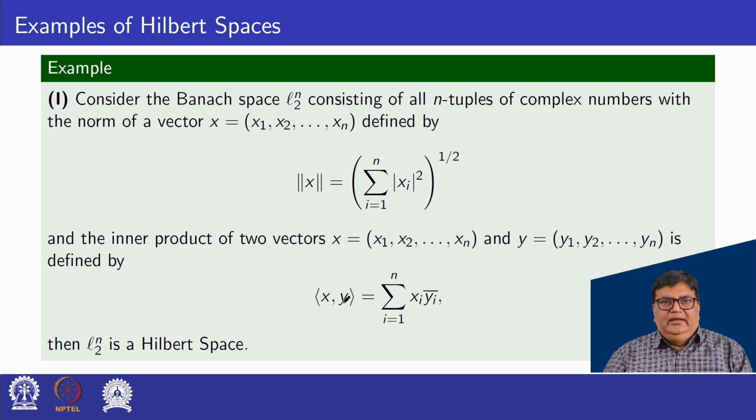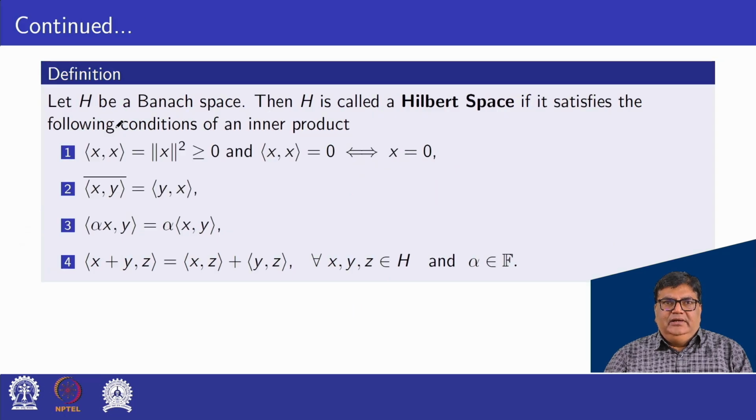Here, if y is equal to x, that is inner product of x, x, that is norm of x square, and the right side summation i equal to 1 to n xi into xi bar, that is mod xi square. Therefore, norm x is equal to this. So already we have proved this inner product satisfies all the conditions of inner product.